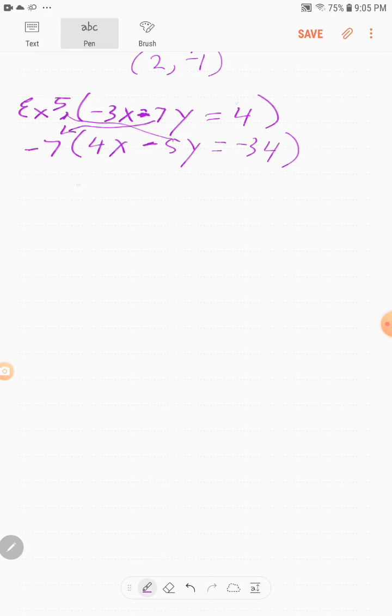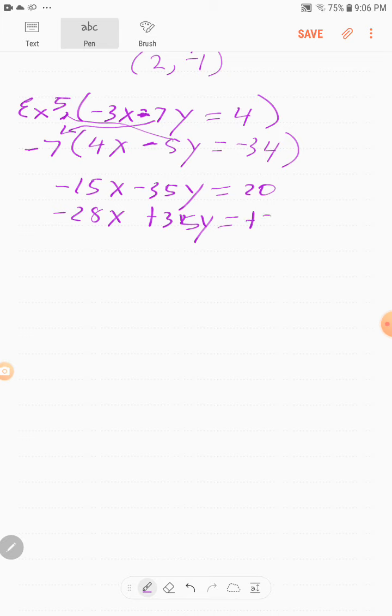Now going ahead and distribute, and we get minus 15x minus 35y equal to 20. And then here we'd have minus 28x plus 35y. 7 times 34 is 238.